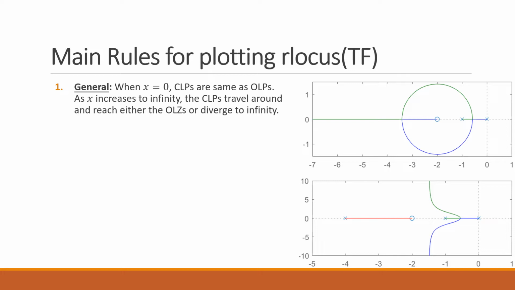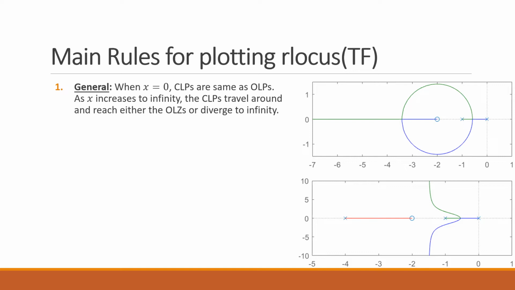Let's look at these two examples on the side. The crosses represent the open loop poles. These are poles of the transfer function. The O's represent the open loop zeros. These are the zeros of the transfer function. The paths shown here as green, blue, and red are actually the path taken by the closed loop poles.